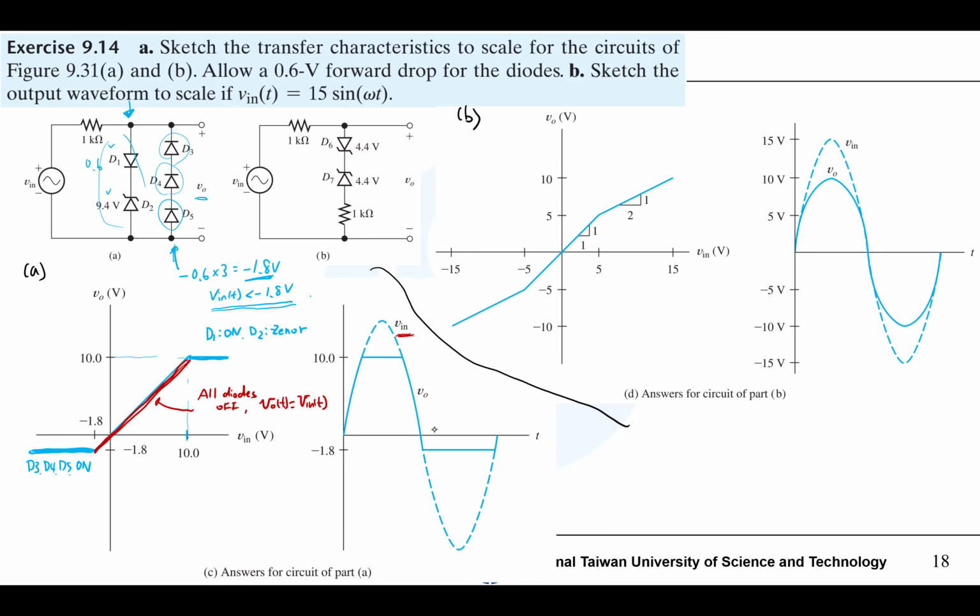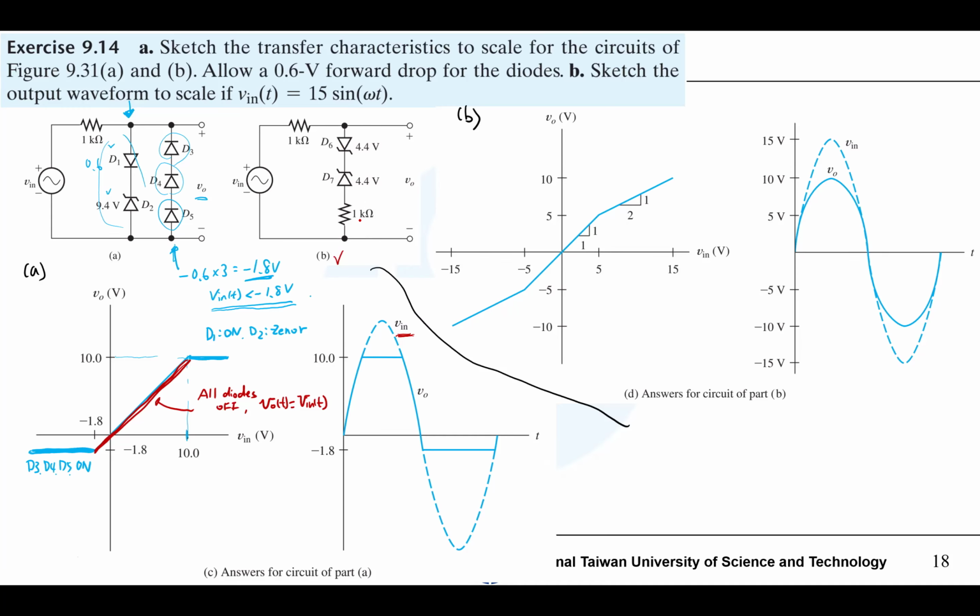Okay, let's look at this plot B. So plot B has only one branch and it has a diode D6. Oh, it has two Zener diodes in opposite polarity.